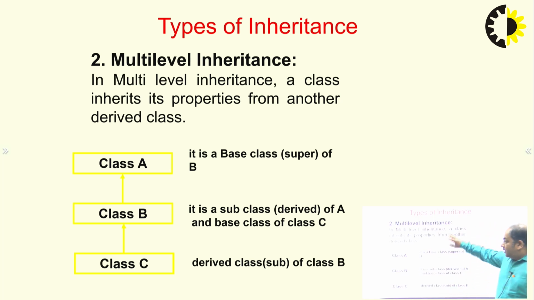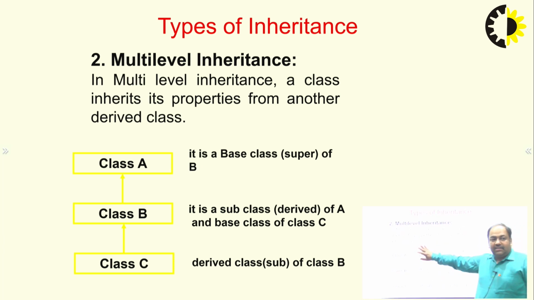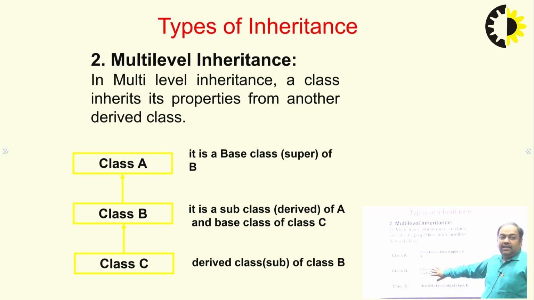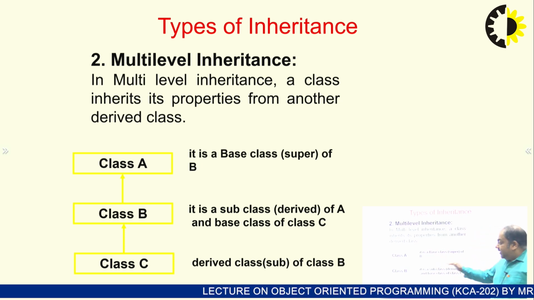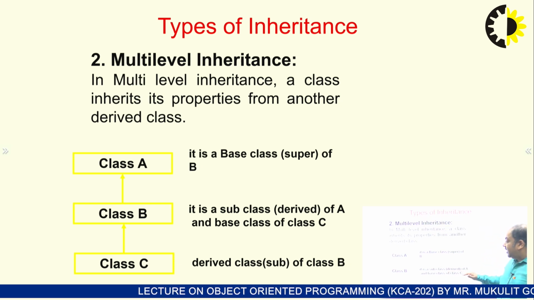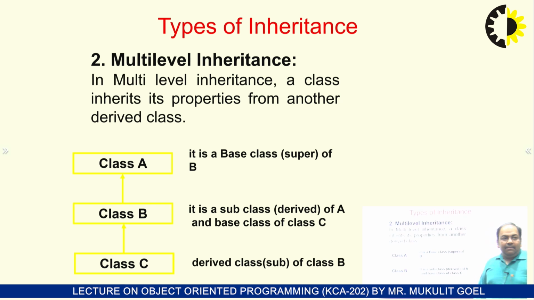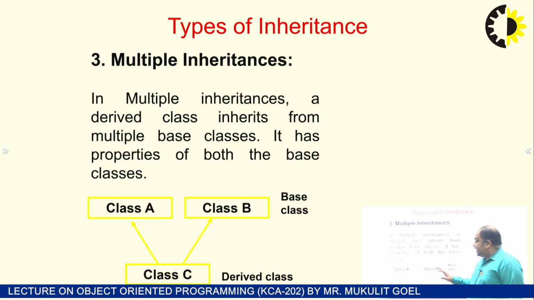Like our first base class is class A, so class B inherits all the properties of class A, and class C inherits all the properties of class B, or might be of class A. So class C is a derived class of B, class B is a derived class of A, and A is the base class of B. A is not the base class of C. B is the base class of C and derived class of A. It is multi-level inheritance.